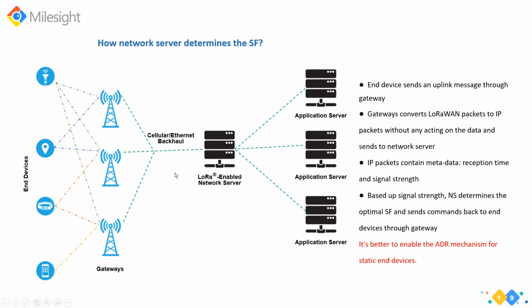According to the strength of the received signal, the network server determines what the best data rate should be and what the optimal spreading factor should be used by the end devices. So the network server sends a MAC command to the end devices based on the global view, based on the overview of the signal strength from all gateways.